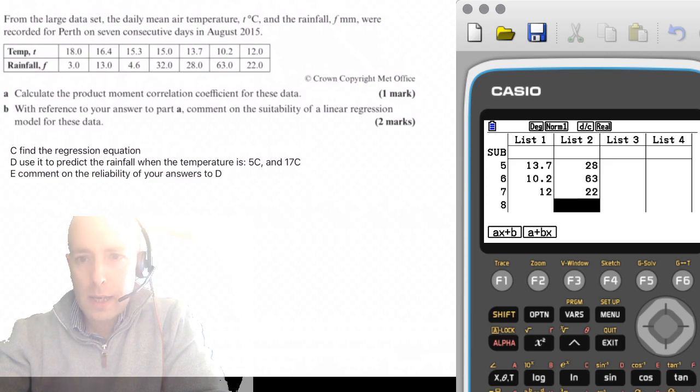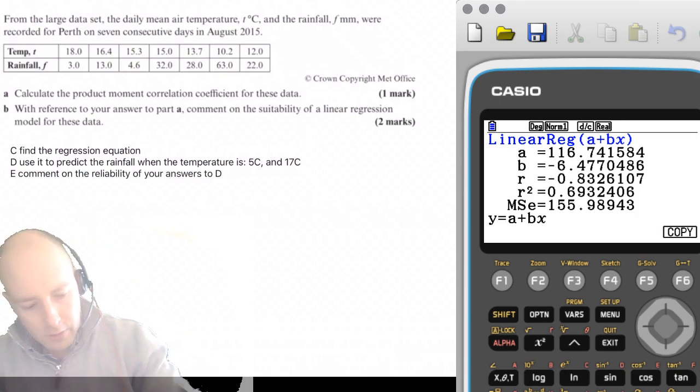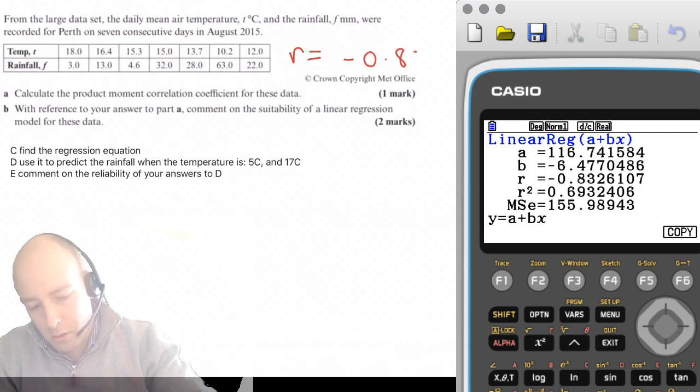Mine's all ready to go, so a plus bx is there. So we get our correlation coefficient R is minus 0.83, which is strong negative.